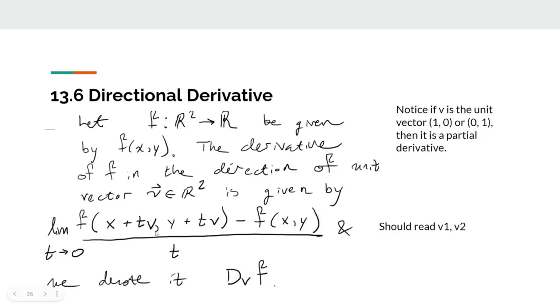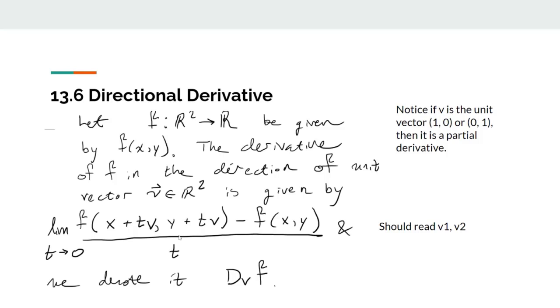It should read v1, v2 right here, so little typo. But v has to be a unit vector first of all, right? Because if we make it not a unit vector, we would change how far we go, how far we project.